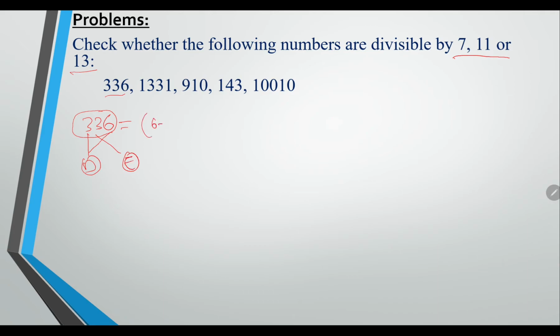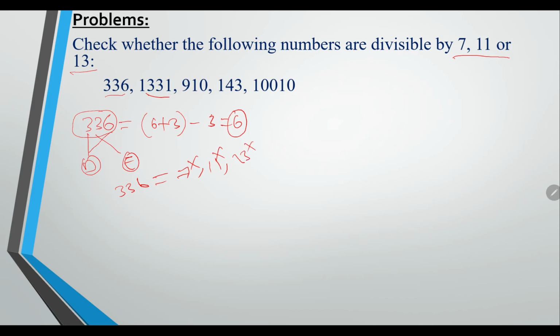That is 6 plus 3 minus 3 is equal to 6. 6 is not divisible by 7, 11 or 13, and therefore we can say that 336 is not divisible by 7, nor 11, nor 13.